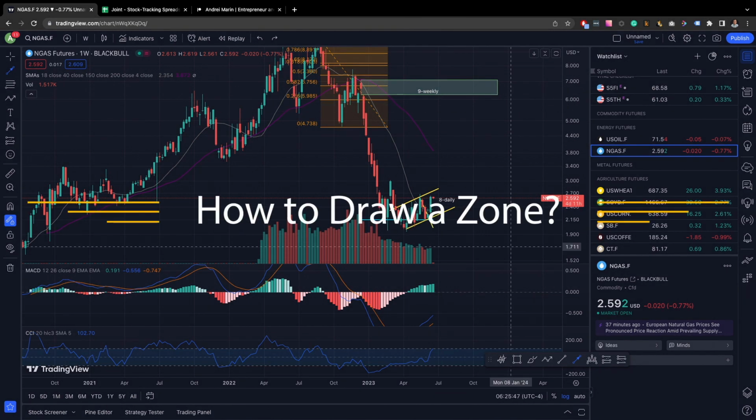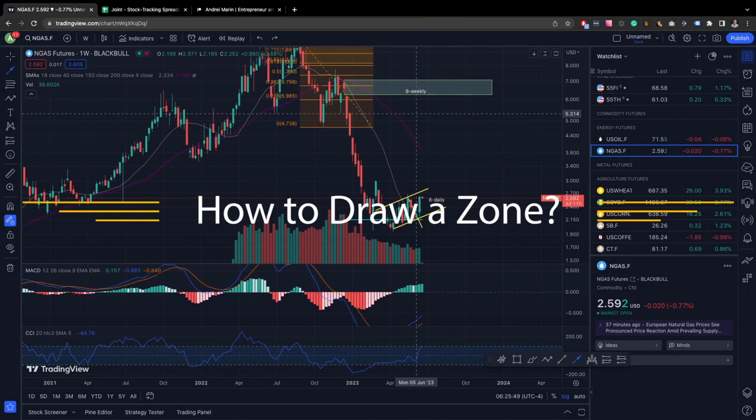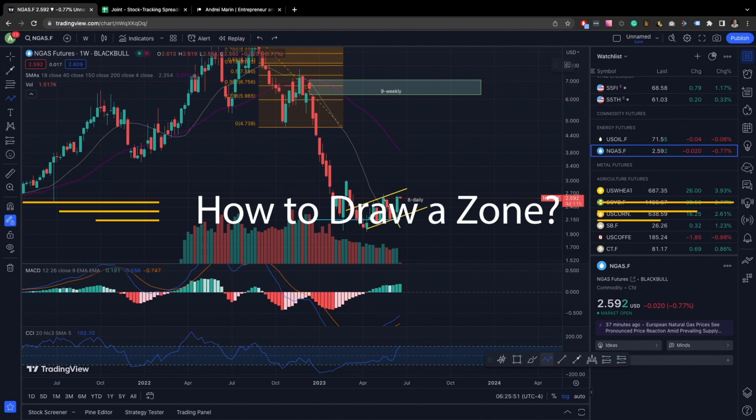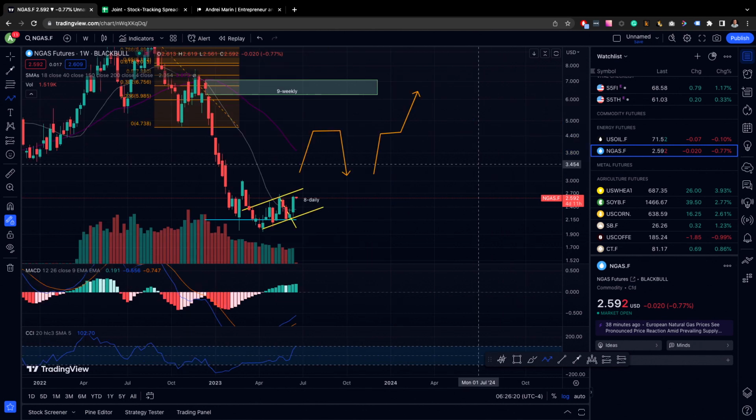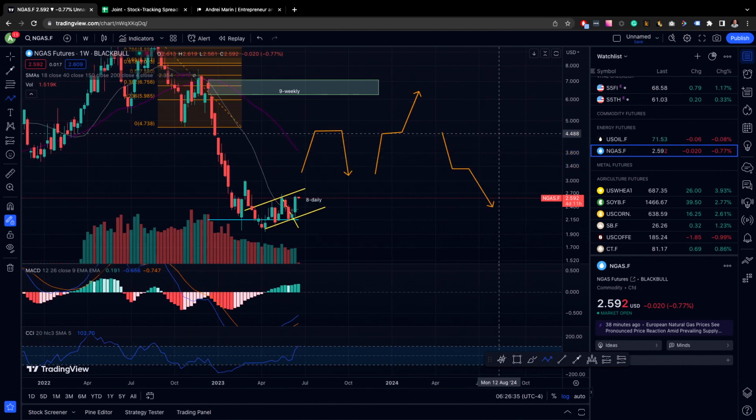Now, how do we actually identify a zone? First off, what you want to be looking for is just the following pattern. We need to make sure that we have either a rally base drop or a rally base rally, or the other couple of versions, obviously, drop base drop and drop base rally.